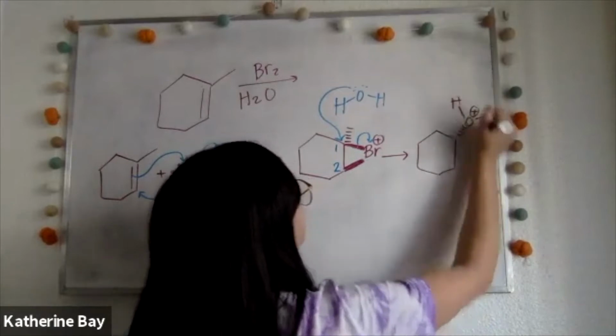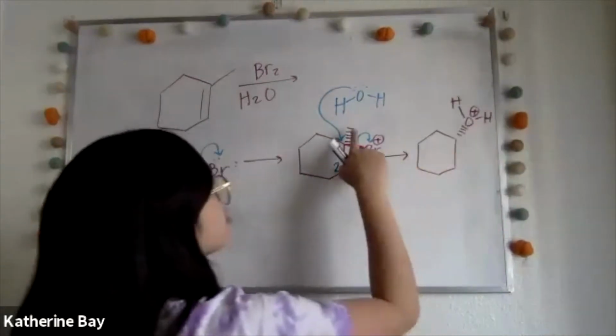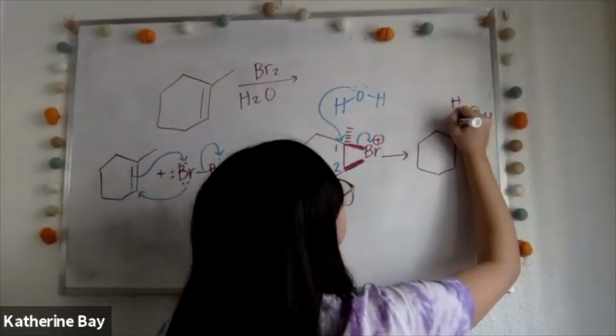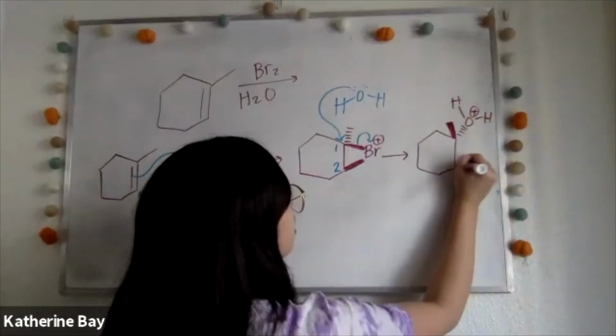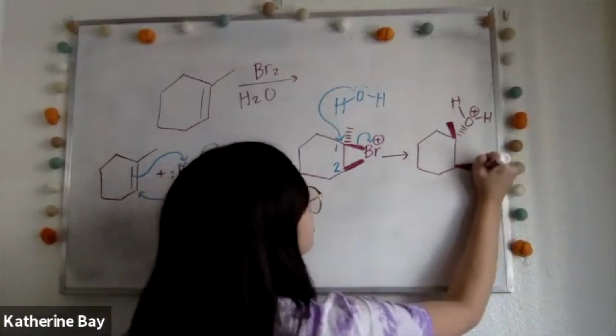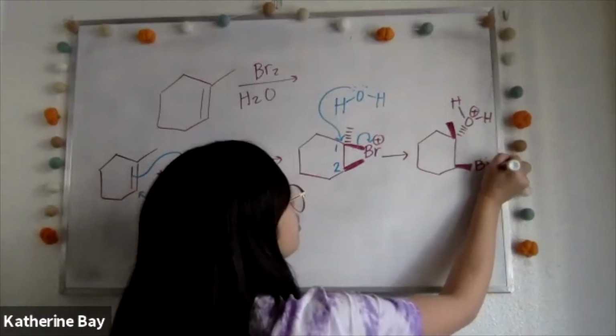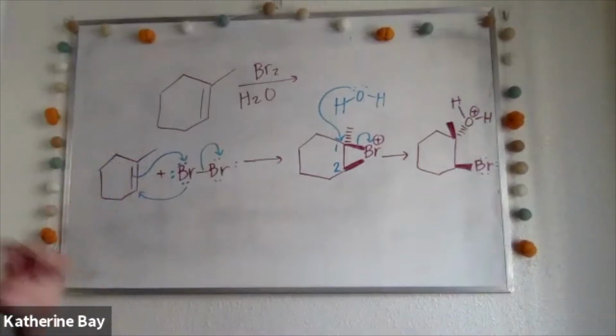And if water is attaching as a dashed bond, that means this methyl group will be on a wedge. But Br will maintain its stereochemistry on a wedged bond like this.